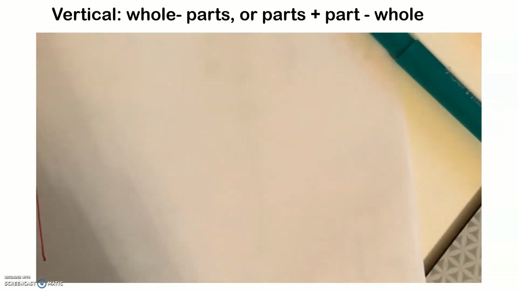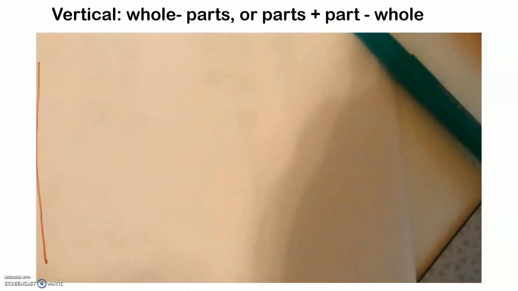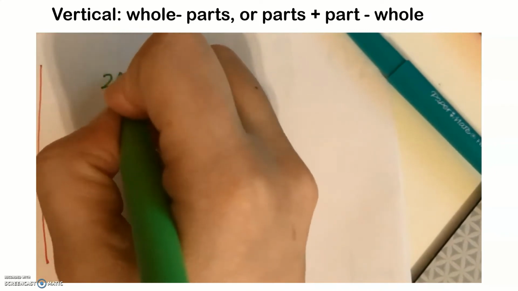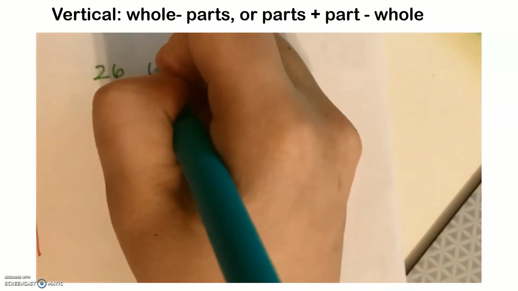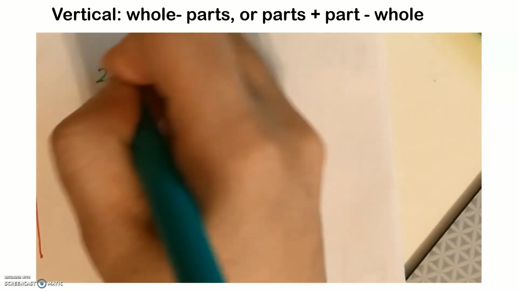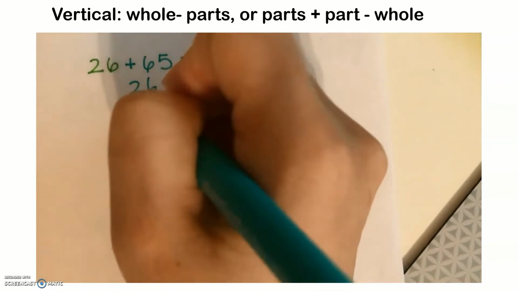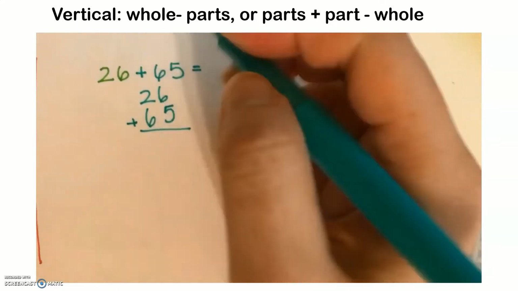So unlike the first one, for this part, we are going to start off by adding the parts together. So the first part that we have is 26, and the second part that we have is 65. So we're going to add these two parts together, and we get 6 plus 5 is 11.